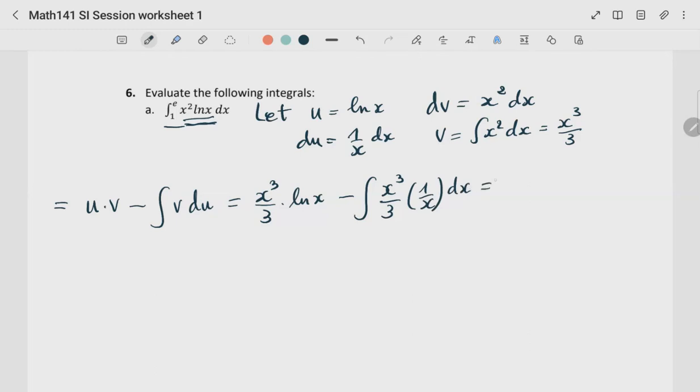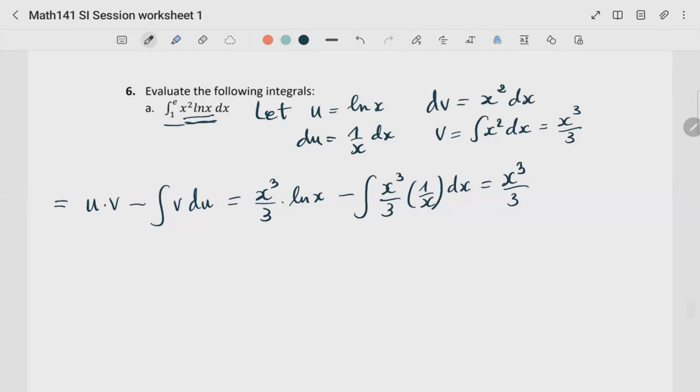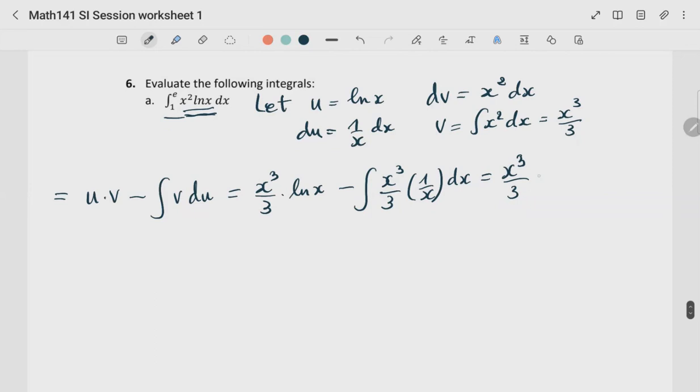And that is equal to x cubed over 3 times ln x. Never mind about the boundaries, we'll just add them later, but now we're just dealing with the integral. We cancel the x here, so we have minus the integral of x squared over 3 dx, and that's the integral that we need to solve.